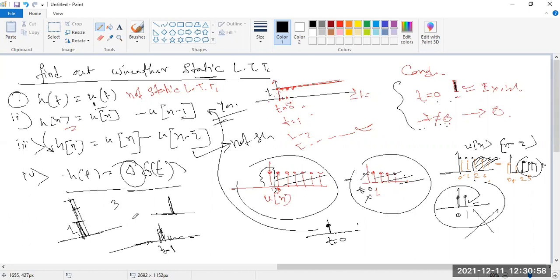Even now it satisfies this rule: at t equal to 0 it exists, but when t is not equal to 0 it is 0. When t is 1, 2 it is 0, and at minus 1, minus 2, minus 3 it is also 0. So it also satisfies the static LTI condition, so it is also static.